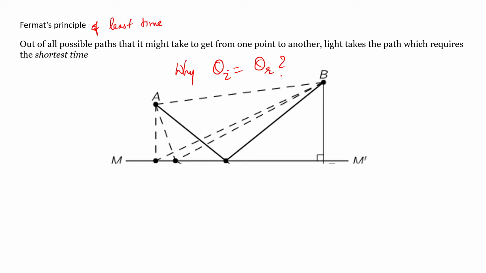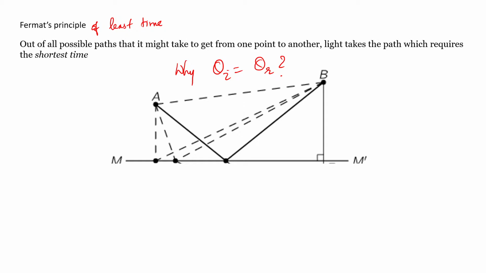But if you are changing the speed of light, for example, going from air into water or into glass, then least time is not necessarily the same as least distance. That's why it is very important to note that Fermat's principle is a principle of least time, not least distance. In any case, it states that light would take a path that requires the shortest time.